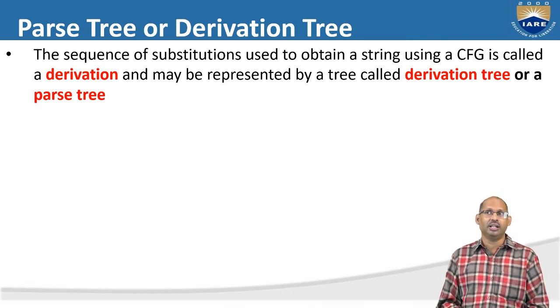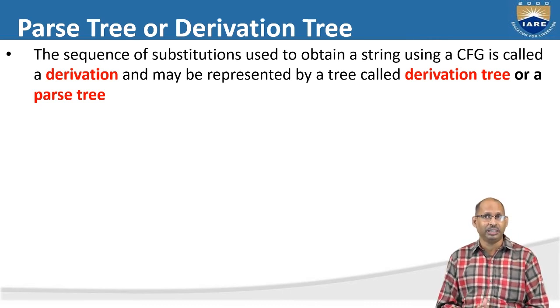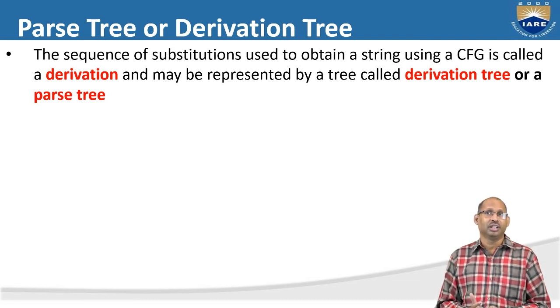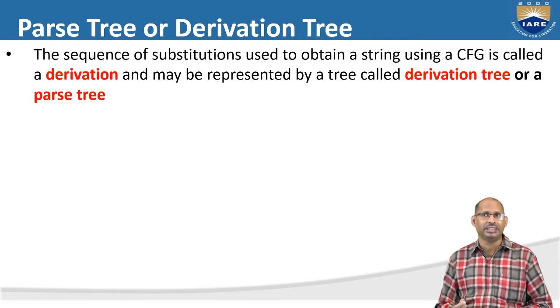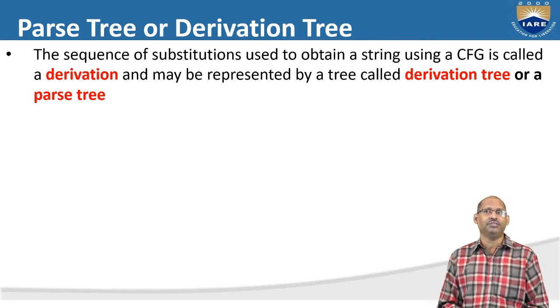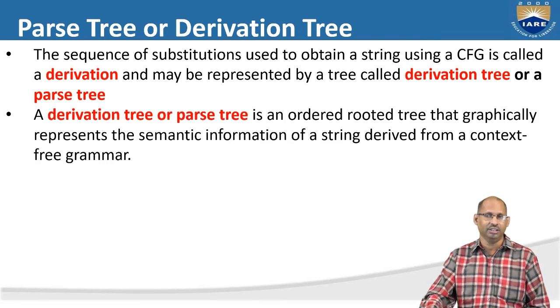So a parse tree means representing the derivation of any given string in tree structure, and it shows the sequence of substitutions used in the derivation of the given string.